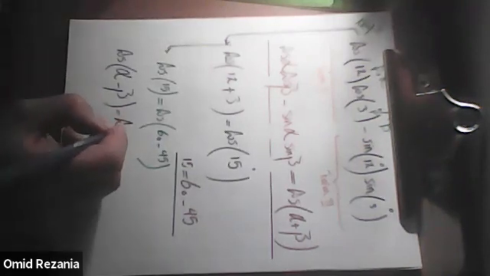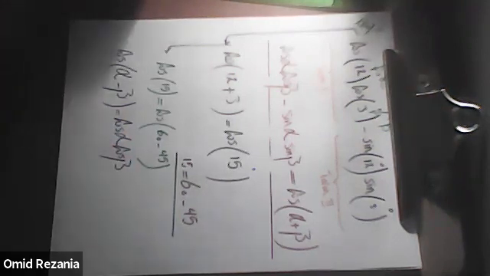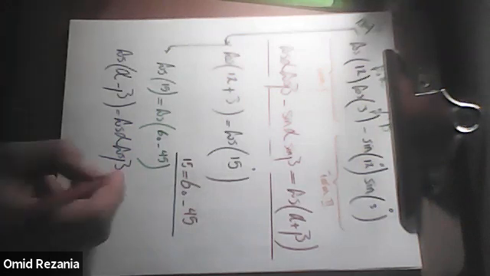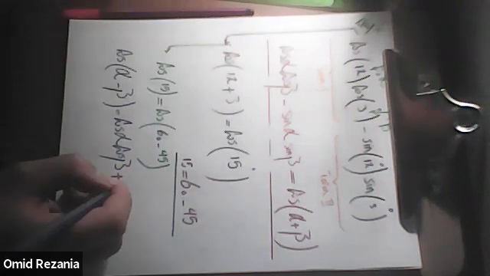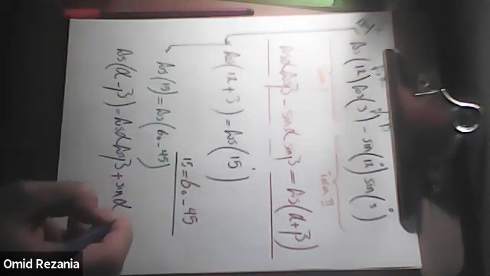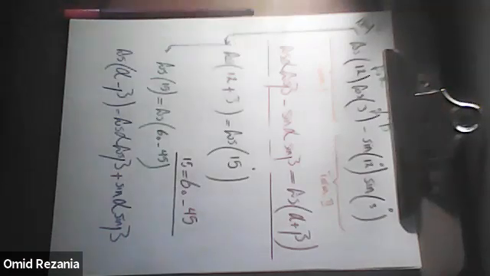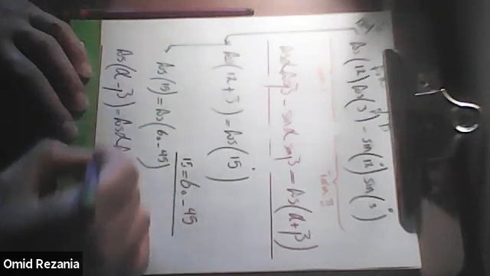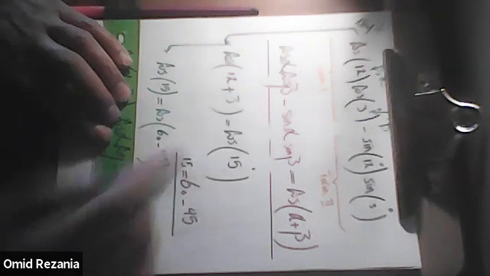I write cosine alpha, cosine beta, but because I have minus in between for cosine only, I change it to plus. And I get sine alpha, sine beta. It becomes my master equation number 3.